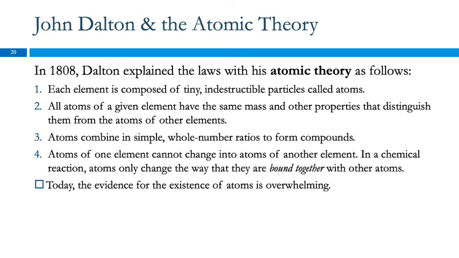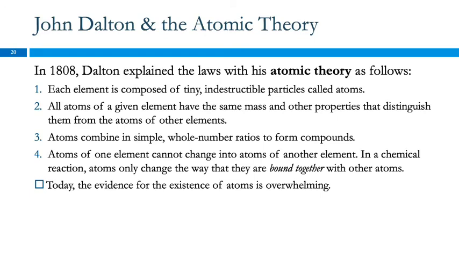Does anybody know the other one that's not quite true? Number 2. All atoms of a given element have the same mass. We're going to learn later in this chapter, we won't talk about it till Thursday though, that different atoms of the same element can have slightly different masses.